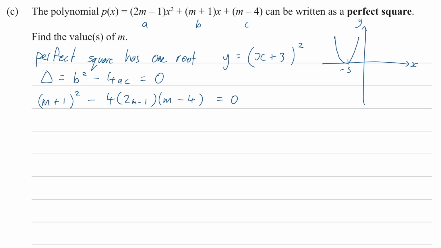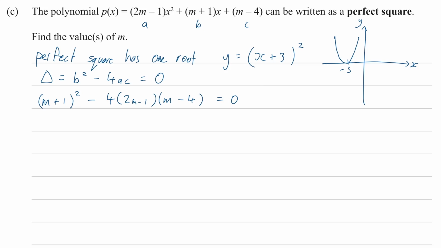All right, so just to clarify, for this polynomial p of x to have one solution, one intercept, this equation must be true. And now it's in terms of m, which we don't know what m is. However, since we have m in this equation, we could determine what m must be.